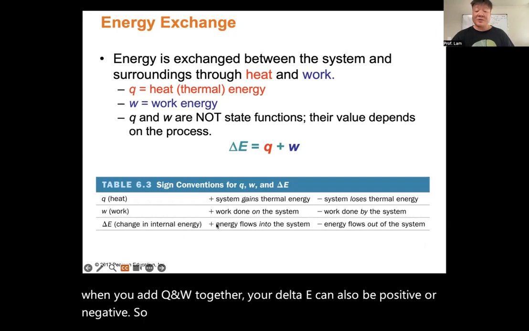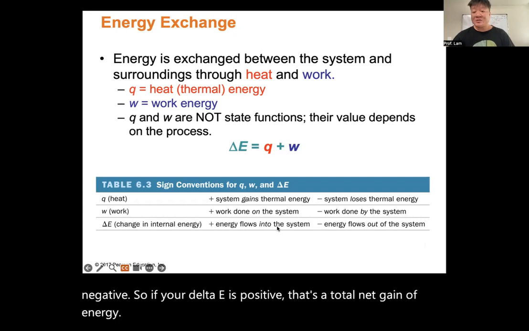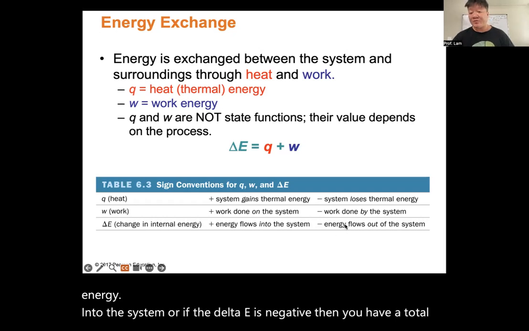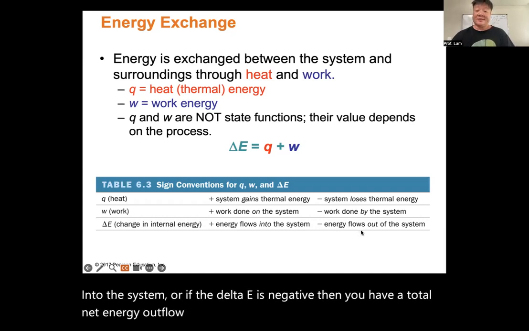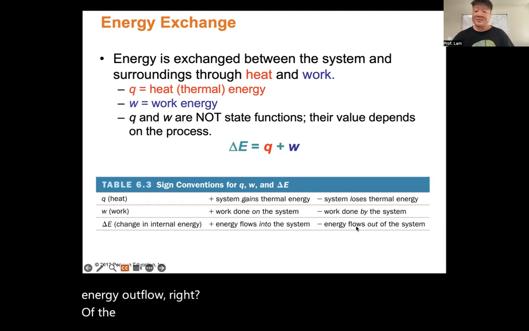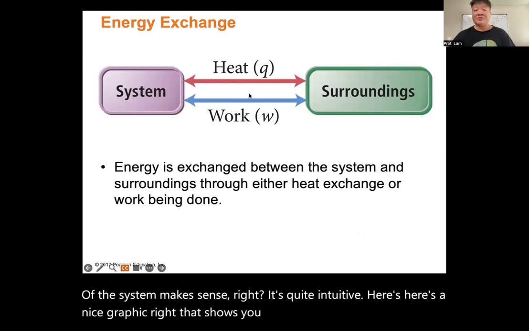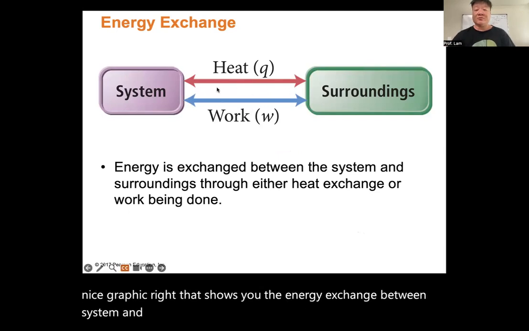So if your delta E is positive, that's a total net gain of energy into the system. Or if the delta E is negative, then you have a total net energy outflow of the system. Makes sense, right? It's quite intuitive. Here's a nice graphic that shows you the energy exchange between system and surrounding through work and through heat. And that's it.